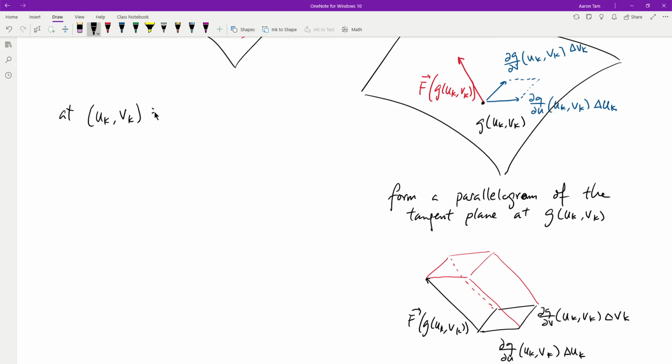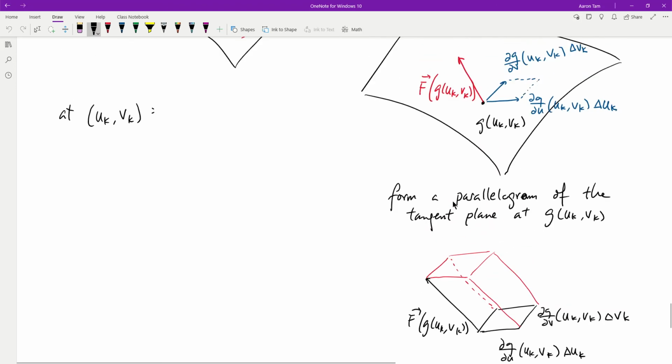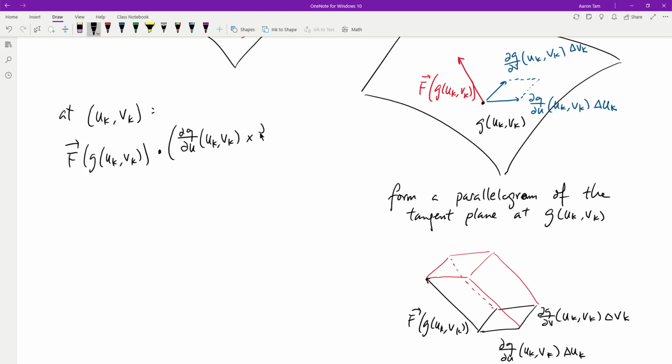By saying that I'm taking the height, which is given to be this thing right here, f of g of u sub k, v sub k, dot product the cross product between the two tangent vectors, that give us the normal vector.